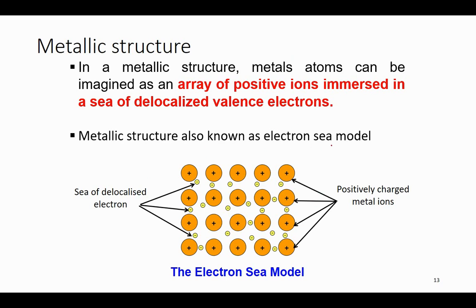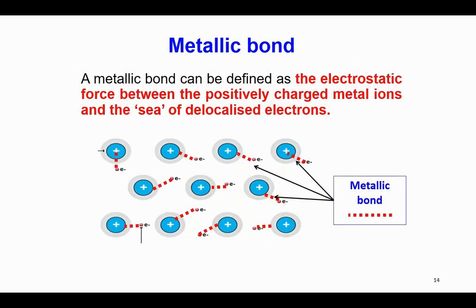It is known as electron sea model because we imagine that the electrons are moving around in the structure. So metallic bond is the electrostatic force between the positively charged metal ions and the sea of delocalized electrons. Delocalized electron meaning that the electron can move around. So the delocalized electrons make metal can conduct electricity and also heat because electrons can move around.